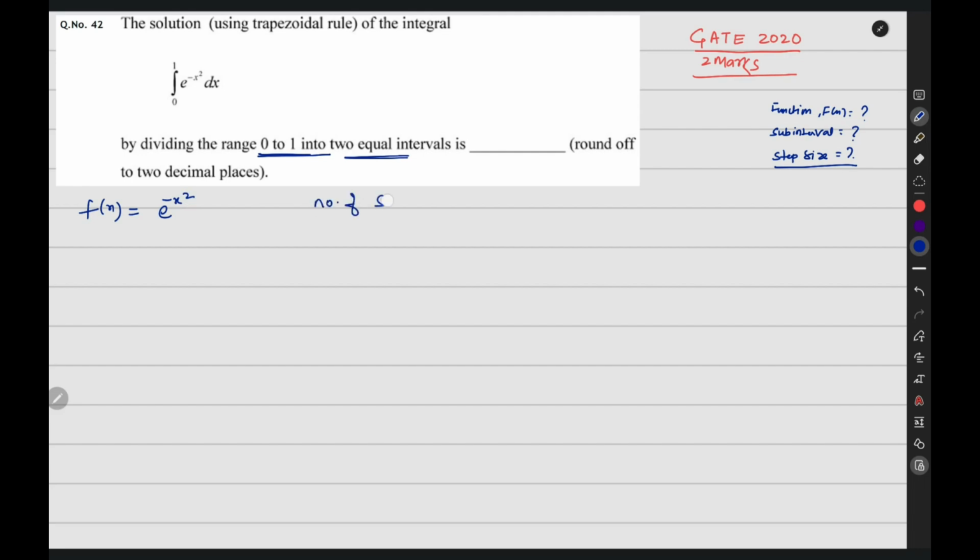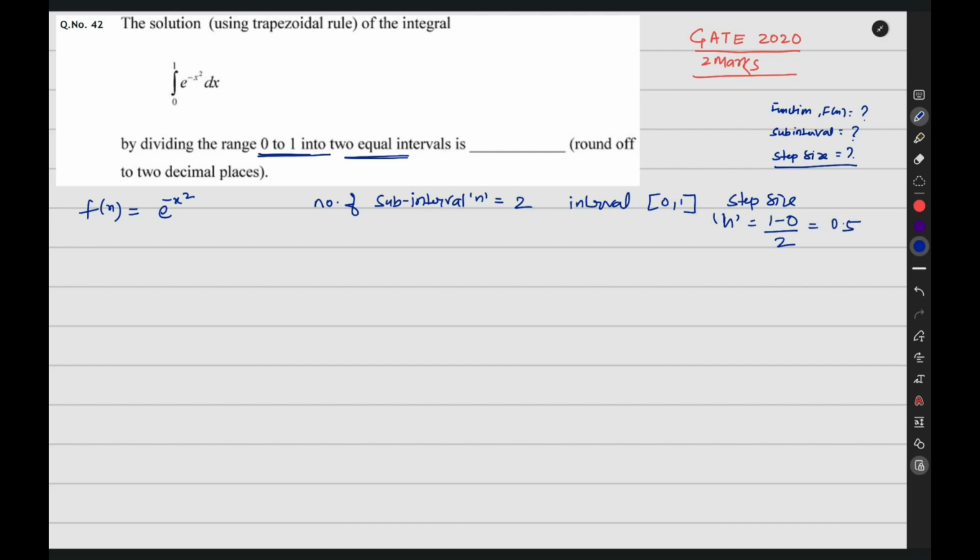Number of subintervals n is given in the question as two equal parts, and the interval is given as 0 to 1. So we will write the step size h equals upper limit 1 minus lower limit 0 divided by 2, that is n. We will get 0.5.